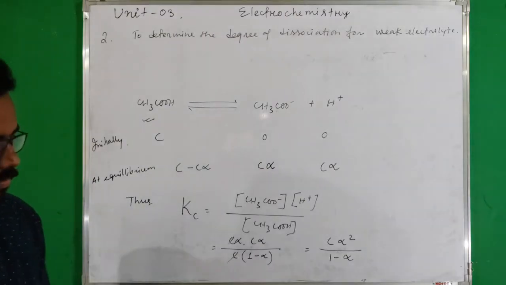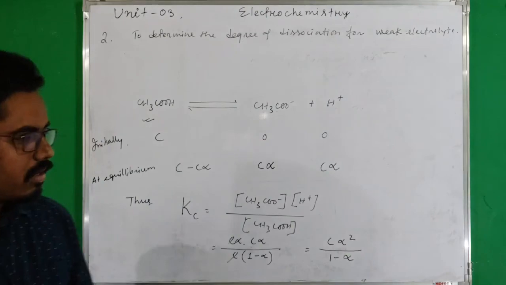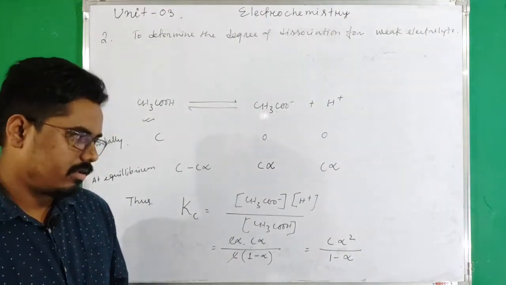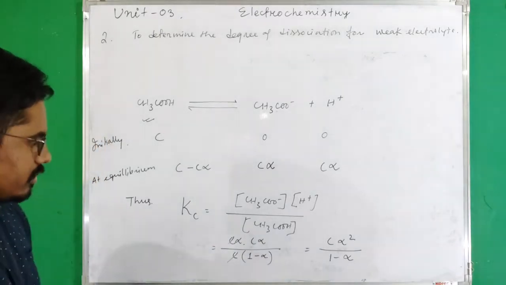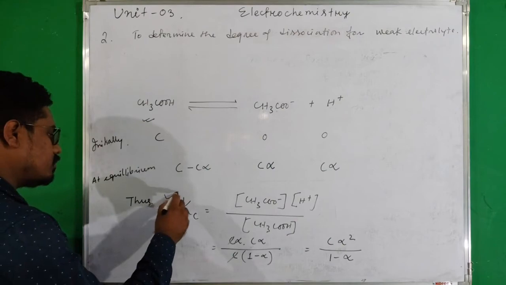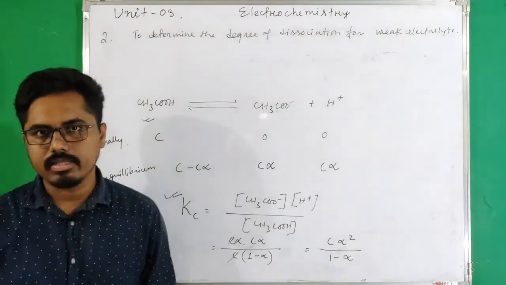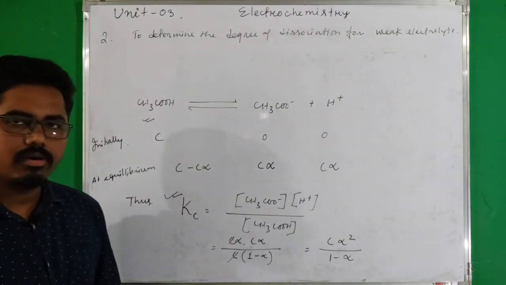So when we determine the value of alpha, that means the degree of dissociation, from Kohlrausch's law, and when we have the initial concentration of the electrolyte, then we can also determine the dissociation constant of the weak electrolyte. Okay, so we have studied two applications of Kohlrausch's law.